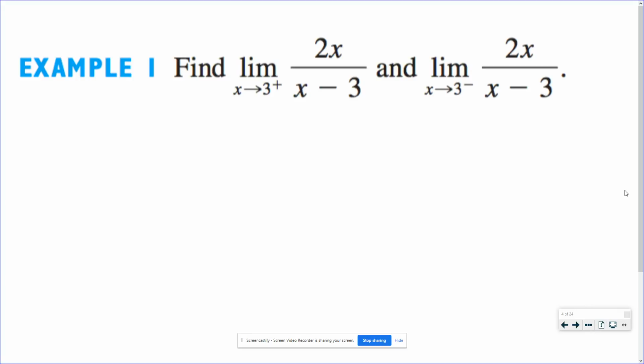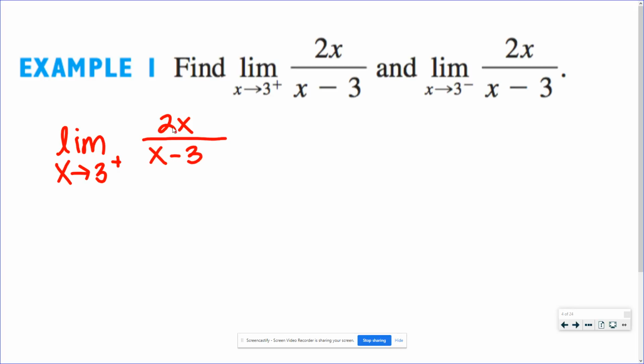So we are going to do a couple of limit problems, and then we're going to make a statement saying what that means in relation to the way the graph looks. So we are going to start with taking the limit as x approaches 3 from the right side for 2x over x minus 3.